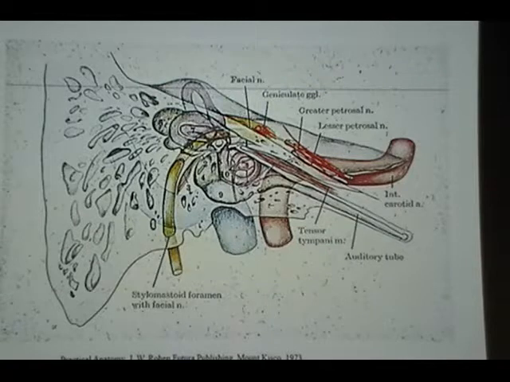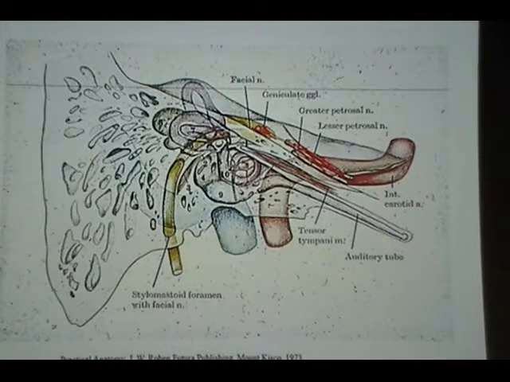So that's the greater petrosal branch with its special sensory fibers and its parasympathetic fibers that are going to synapse where? Where's the greater petrosal nerve going to synapse? Not in the geniculate ganglion, that's a sensory ganglion. Parasympathetic, sympathetic are two neuron systems, right? There's a preganglionic neuron, there's a postganglionic neuron.